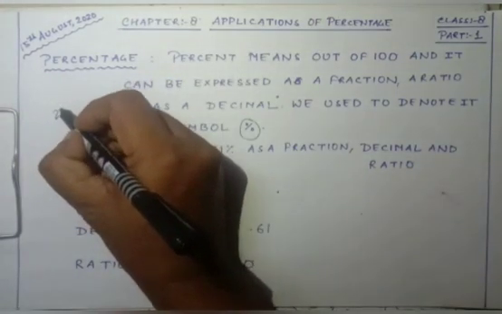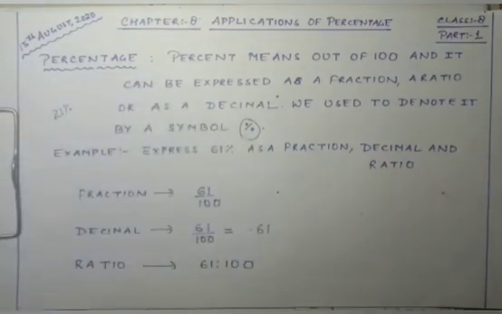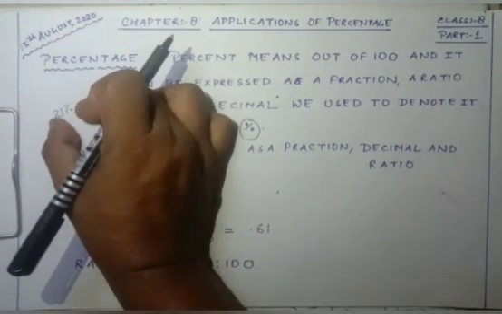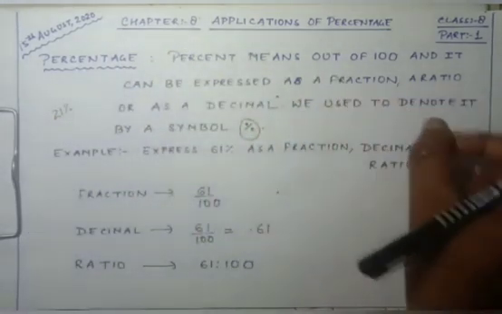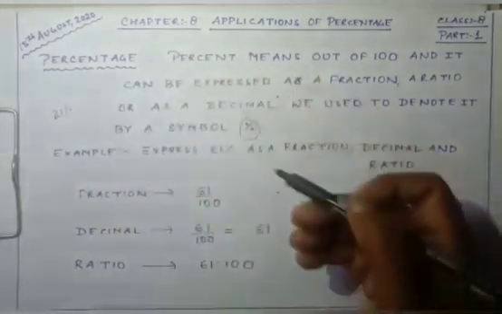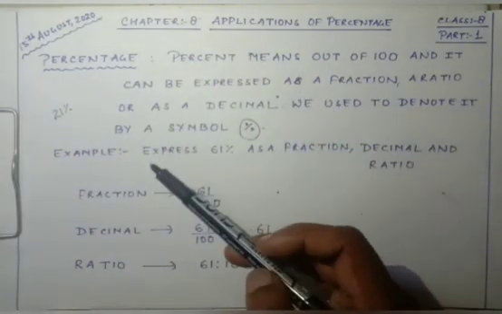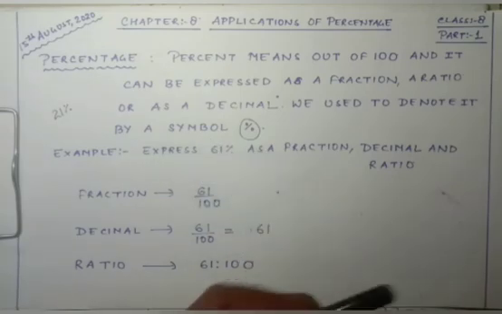If I have to express 21 as a percent, I simply write 21%. And if I have to convert this 21% into the form of a fraction, ratio, or decimal, we are going to use certain rules. I am going to explain it to you with the help of an example.